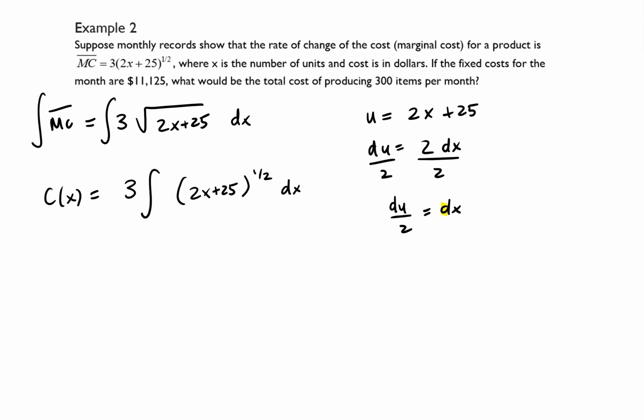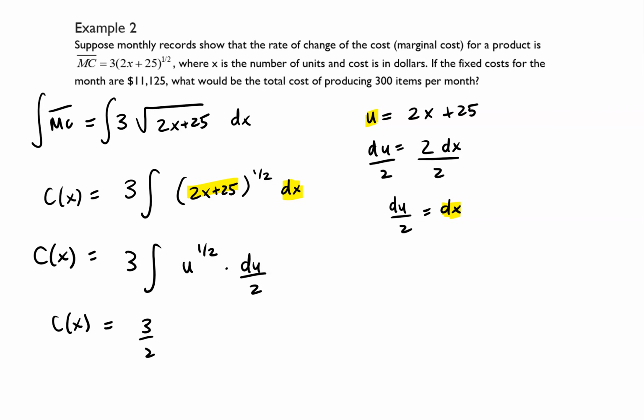So we can make this substitution there, and also replace u here. So C of x will equal 3 times the integral of u to the 1/2 power times du over 2. And I'm just going to pull out the 1/2. So we have 3 halves times the integral of u to the 1/2 power du.